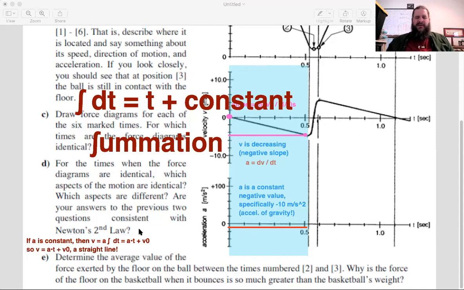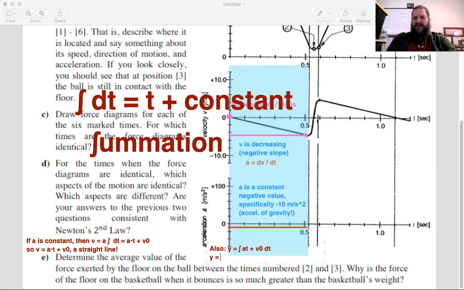And we could also take this a step further. We could integrate that linear function. The position is going to be the integral of velocity. If we fill in at plus v naught as the velocity, we could integrate that as well.